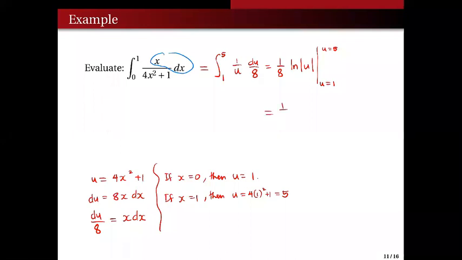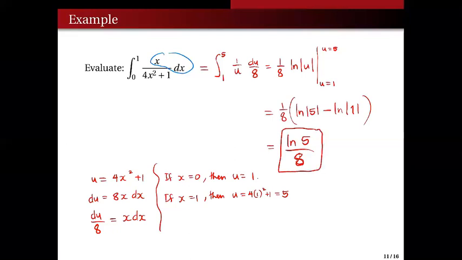So this will be 1 over 8 times ln absolute value of 5 minus ln absolute value of 1. If we simplify this, ln of 1 is just 0. So this is just ln of 5 divided by 8. This is now the final answer.